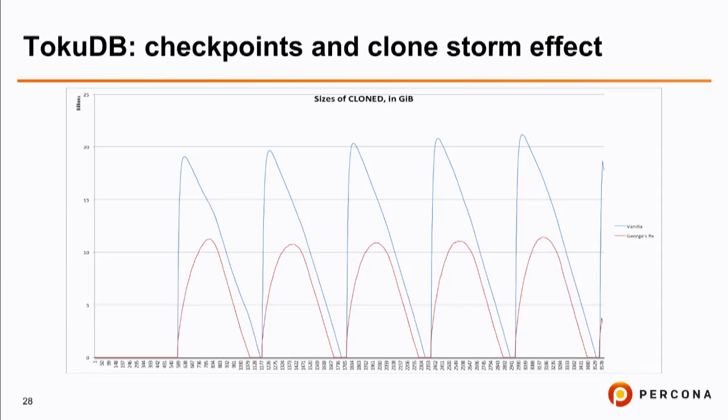The constorm effect is extra memory consumption because of cloning. And this graphic represents the amount of memory consumed during checkpointing and the attempt to fix it. Yeah, so Lorch tried to fix it.